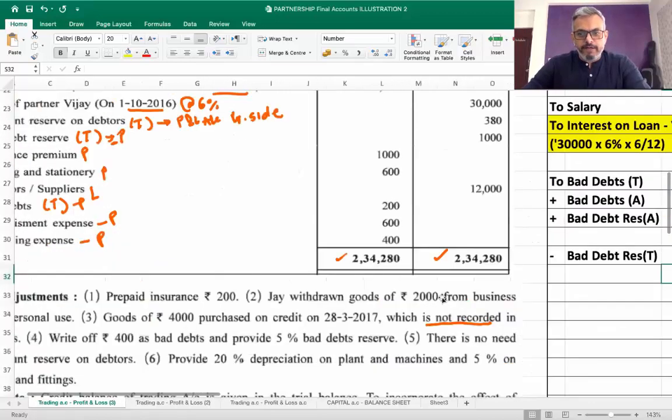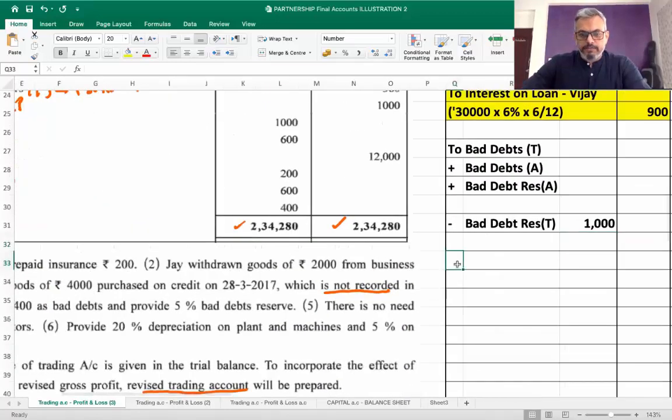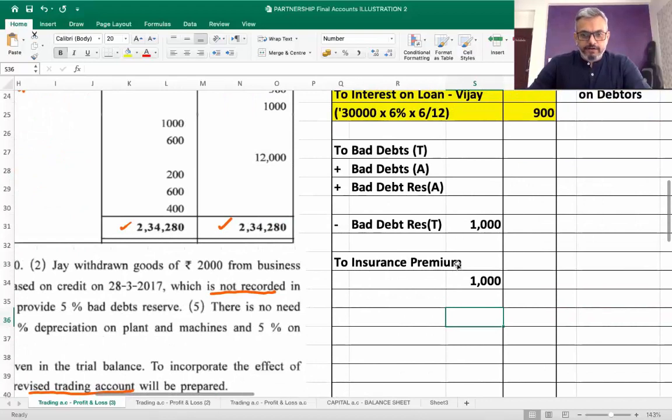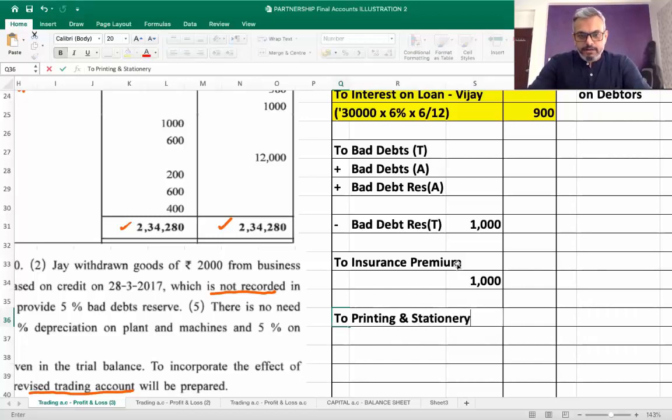Insurance premium 1000 inner column to insurance premium 1000 inner column. Printing and stationery 600 to profit and loss account में है सब. Stationery 600.